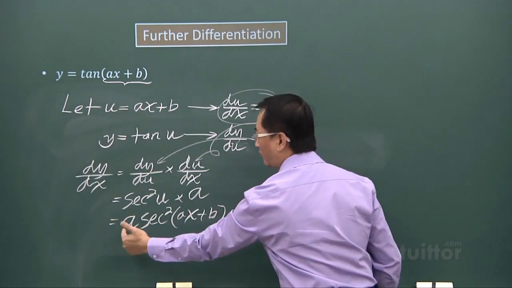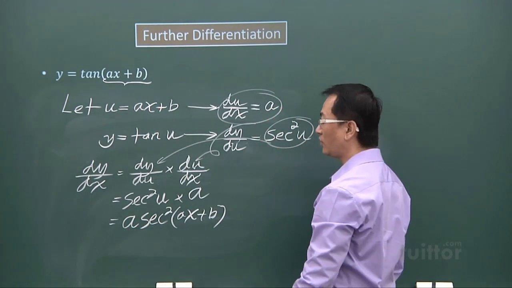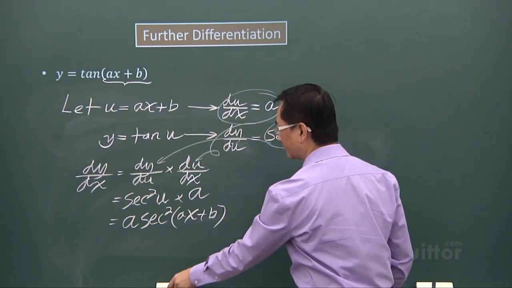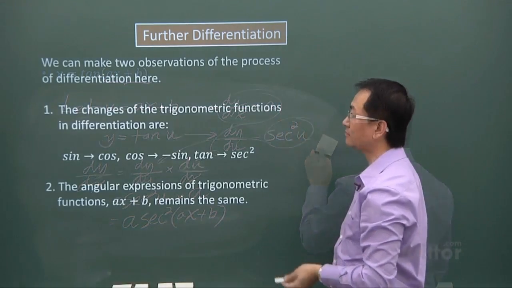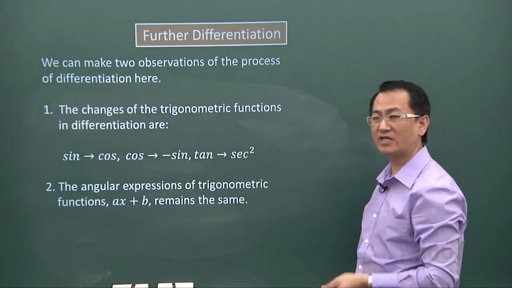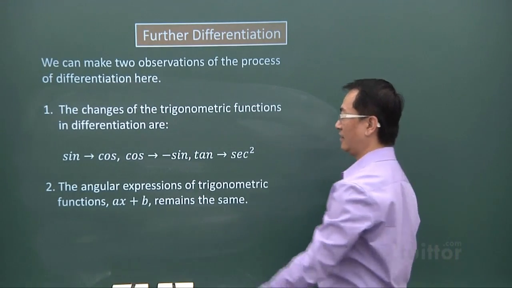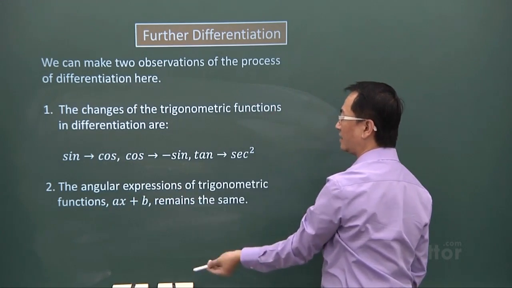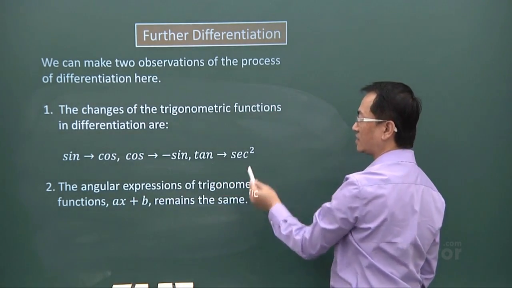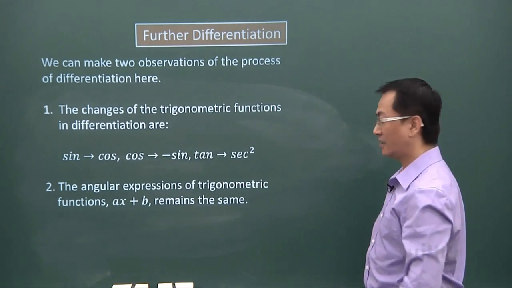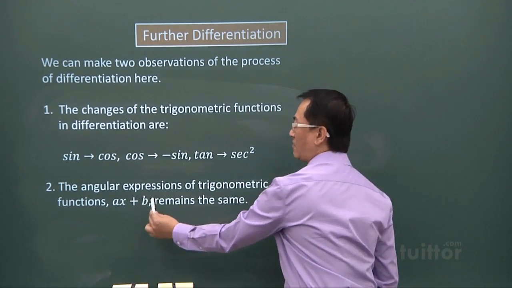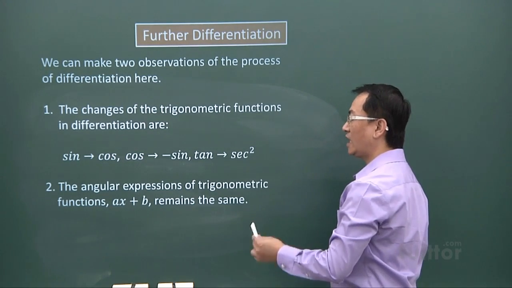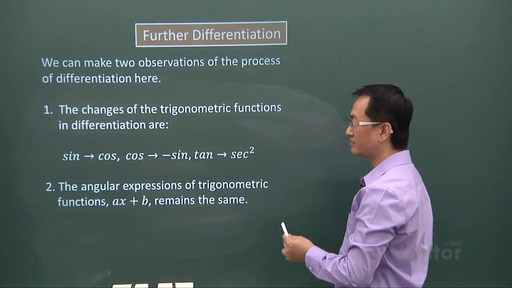Then it will become a, which I'll put as a coefficient of secant squared. The observations you make: sine to cos, cos to negative sine, tangent to secant squared. And you also remember this is the angular expression. It will remain the same.